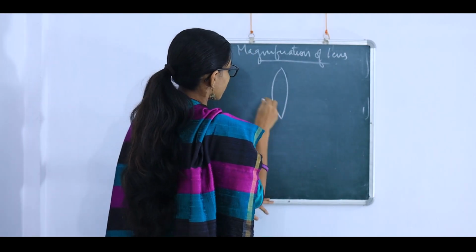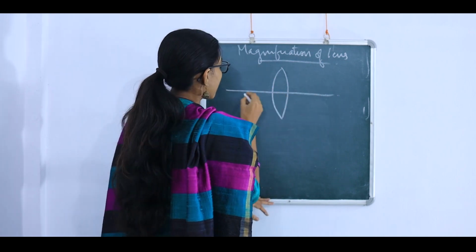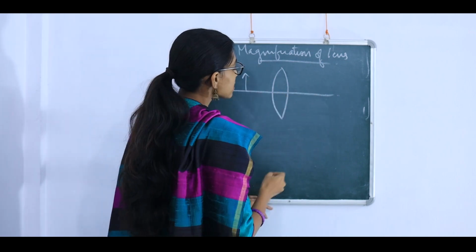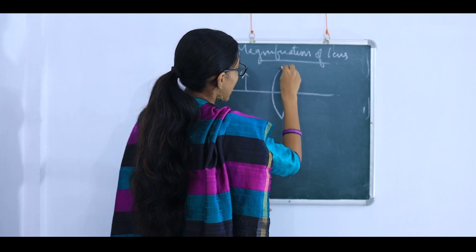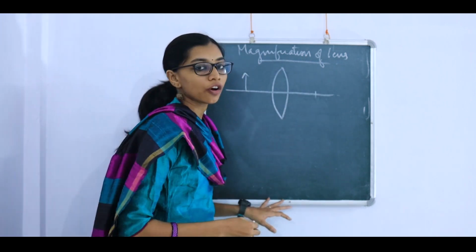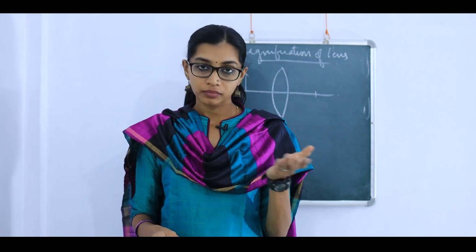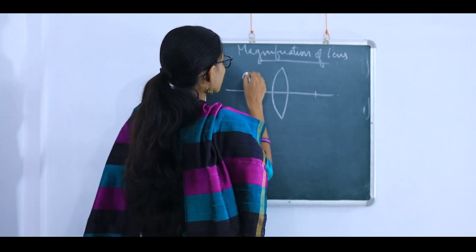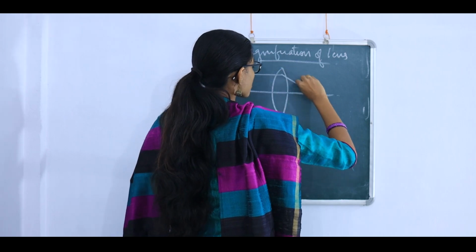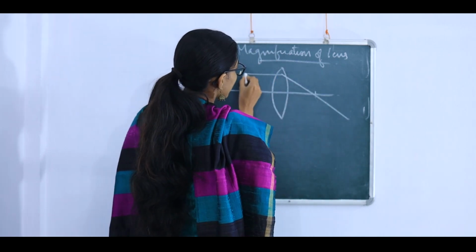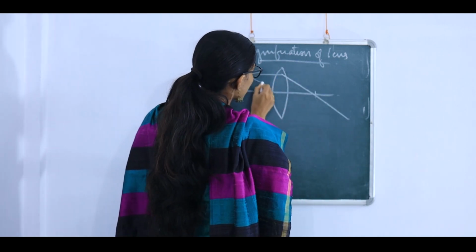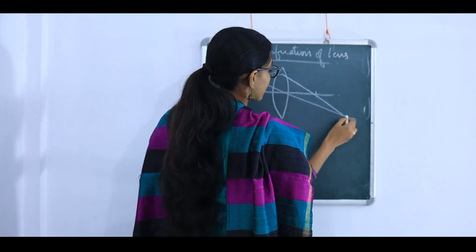So you have a convex lens, you have an object placed, and we will have the focal length of the convex lens. Now a ray diagram: a ray parallel to the axis goes through the focus, and a ray going through the center remains undeviated.